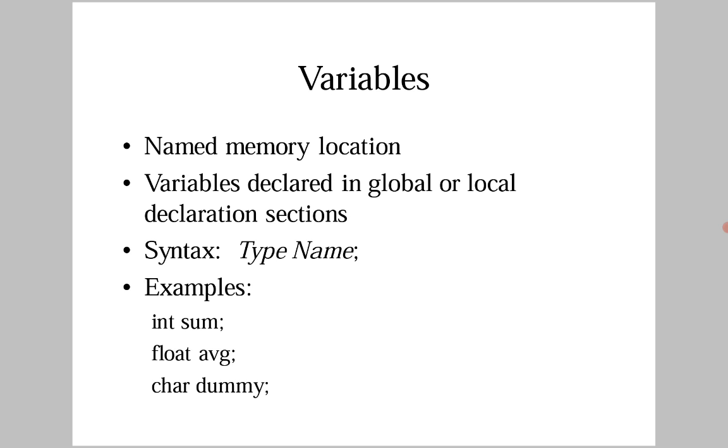So what is the difference? What are the different types of variables? There are two types of variables used, global variables and local variables. Global variables are generally accessible from anywhere in a program and are available throughout.